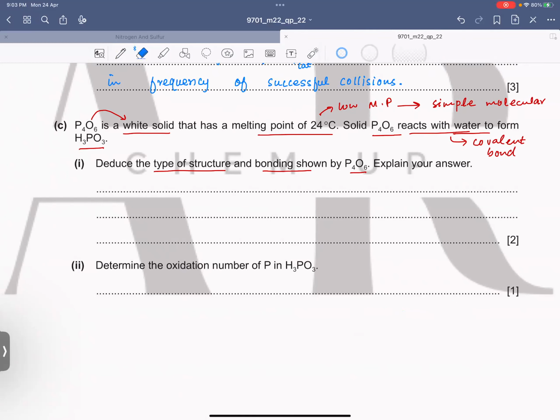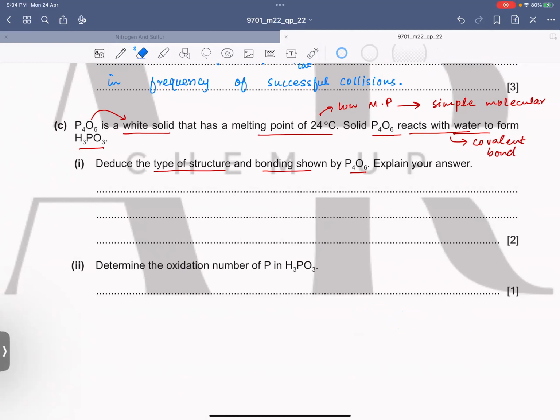Yes, the elements which are in period 3 can undergo extended octet, where they have more than 8 electrons in their outermost shell. Okay.